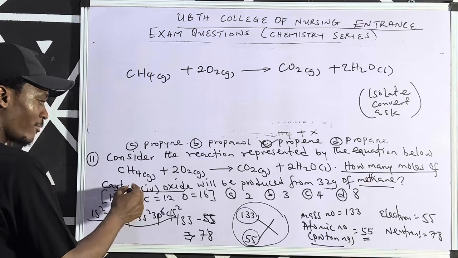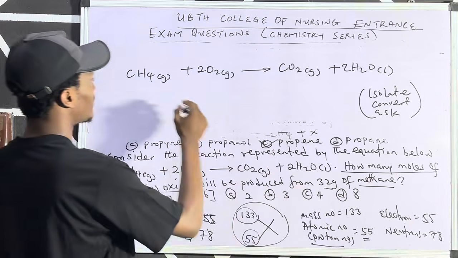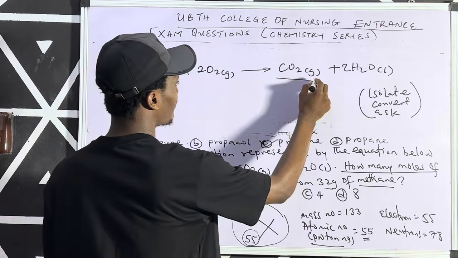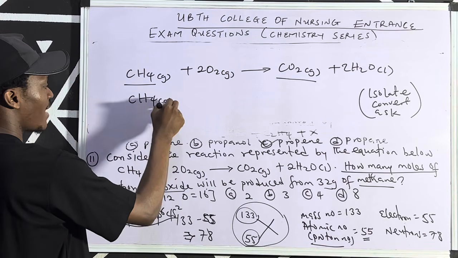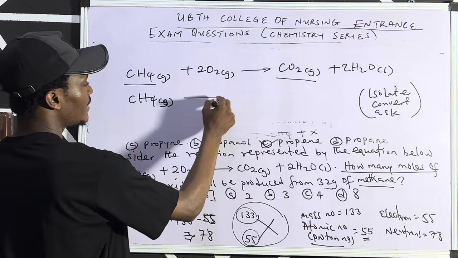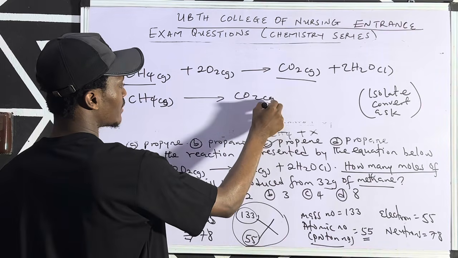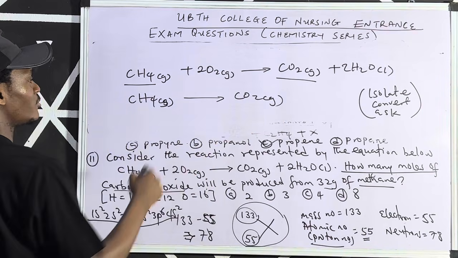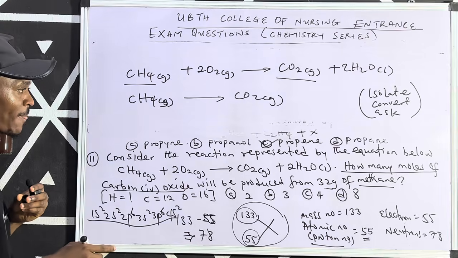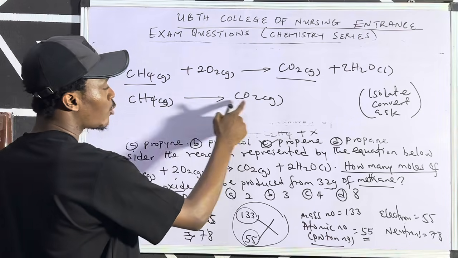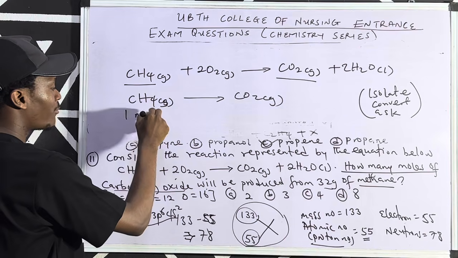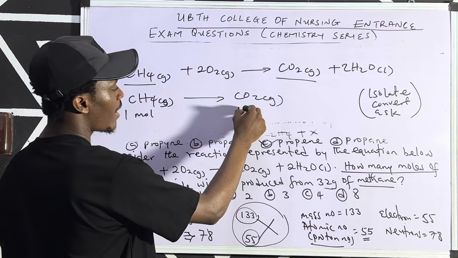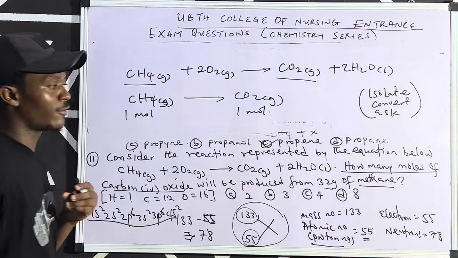Carbon dioxide and methane were mentioned. This is methane and this is carbon dioxide. Bring these two out: CH4, that's you isolating, then CO2 gas. These are the two things you should focus on. Next, the language of the equation always speaks moles, because in this case, this is 1 mole of methane to produce 1 mole of carbon dioxide.